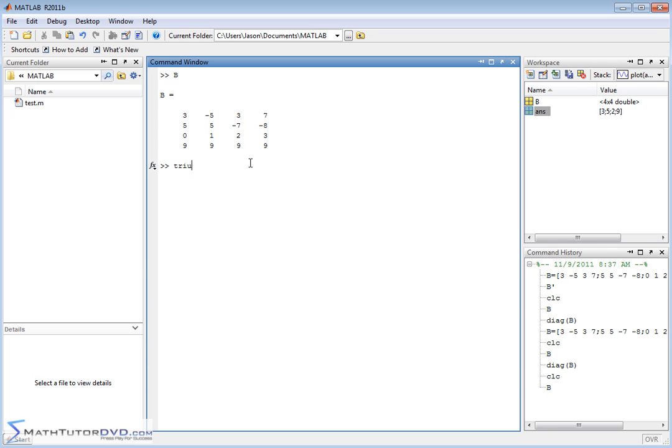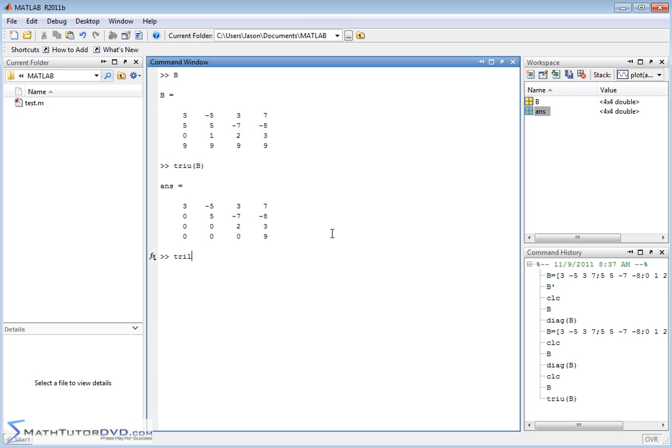So you have TRIU, that means triangle upper. If we just pass it a matrix, it's going to produce another matrix, but it's only going to have the upper triangular elements, including the diagonal that remains. Everything else is going to be set to zeros.